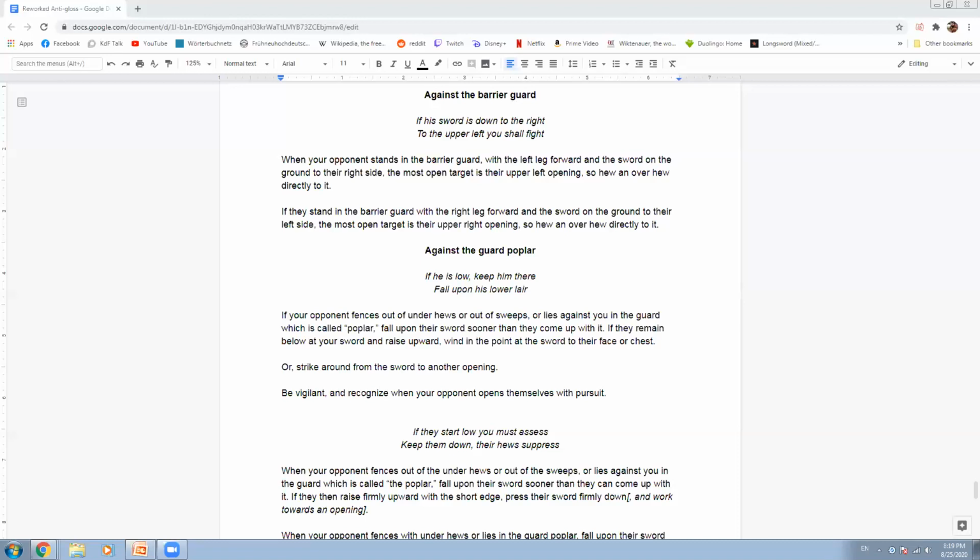And Lew has that also in Nachreisen. They come up with a low sweep and bind and then do a Zwerhau to the other side. So yeah, the anti-glosser knows how to do a Zwerhau. At the very least, it's a Zwerhau from one side to the other.